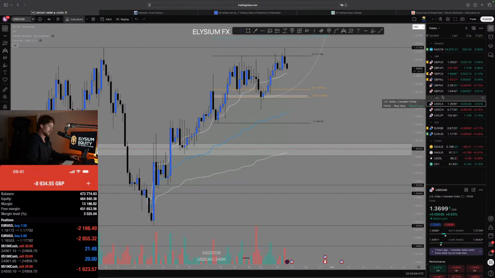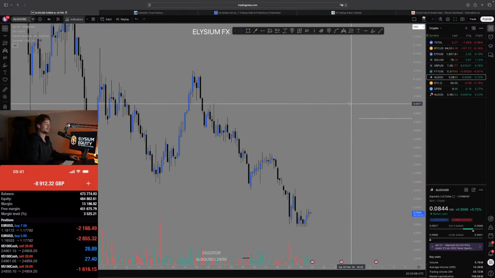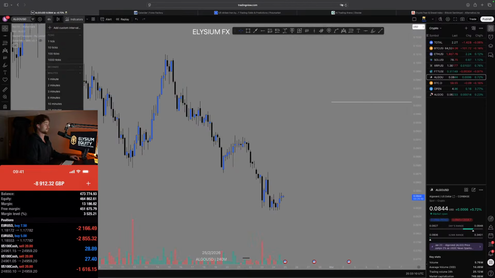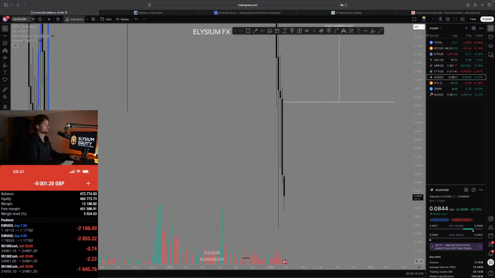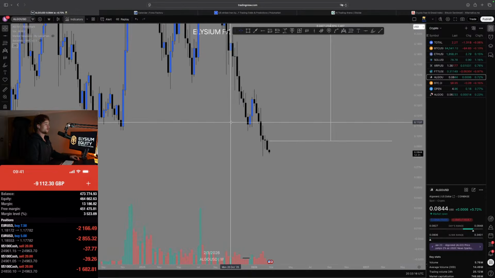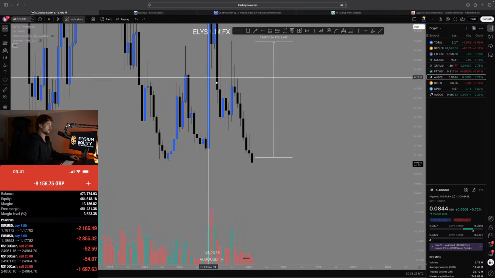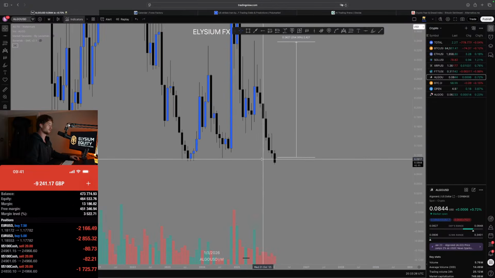Time to stack more algo. I don't know why that keeps dropping. It's pretty painful, but what can you do? I mean, this monthly chart, for example, 1, 2, 3, 4, 5, 6, 7.